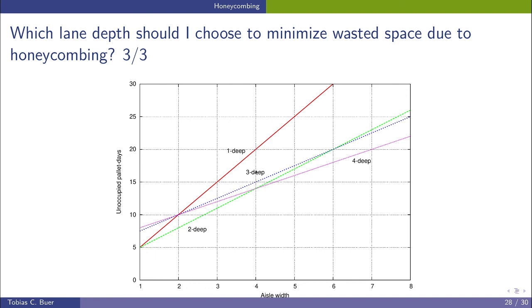And yeah, you see the 3 deep is not super bad compared to the others, depending on big aisle space, but it's never really the best. Yeah? So 2 deep or 4 deep, based on this input data, is the best lane layout that wastes the least space.